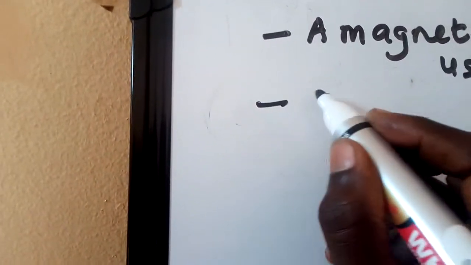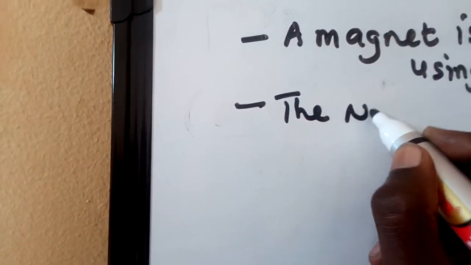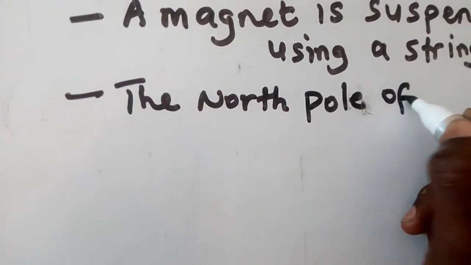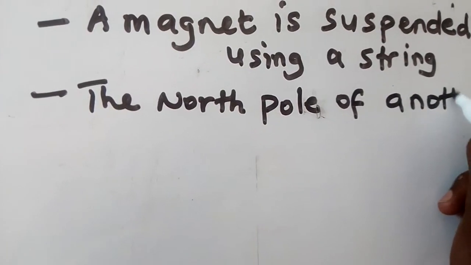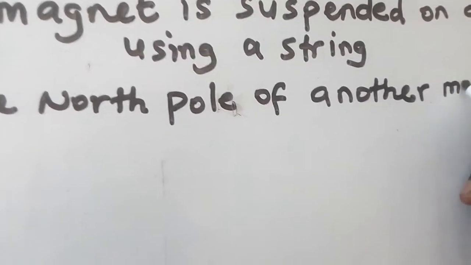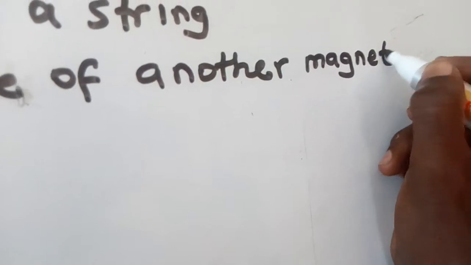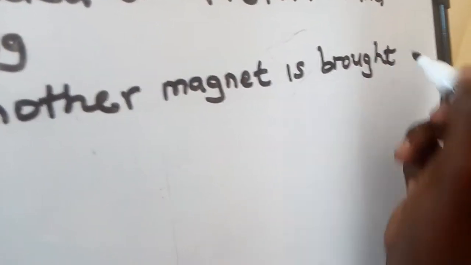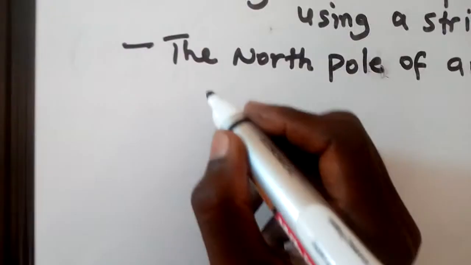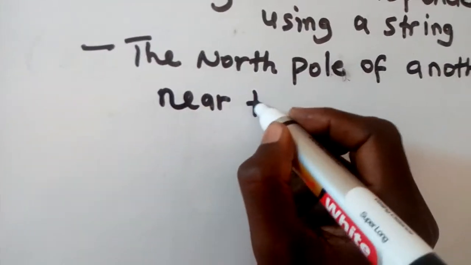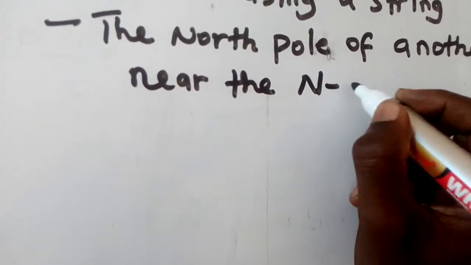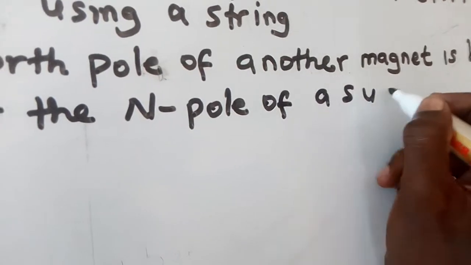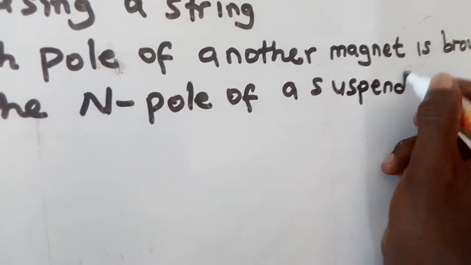So we shall say the north pole of another magnet is brought near the north pole of a suspended magnet.